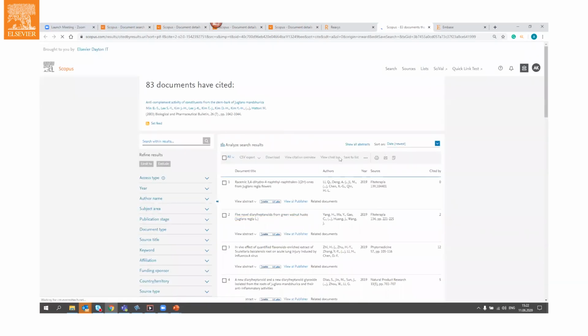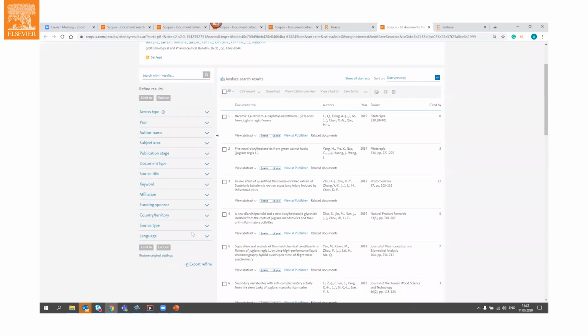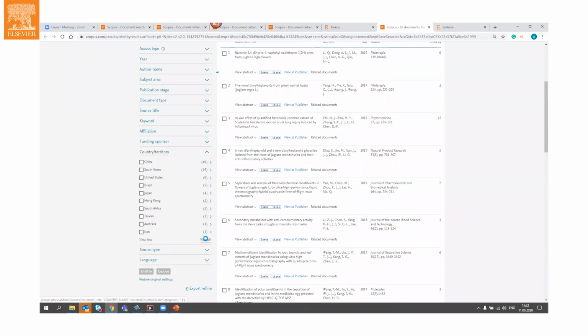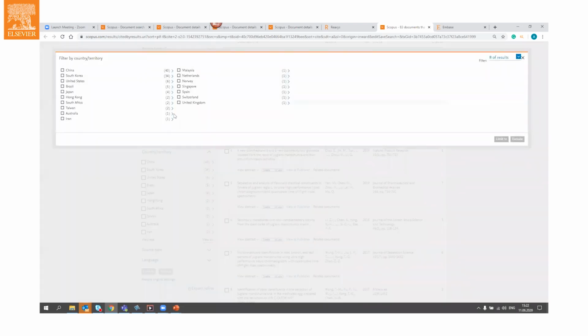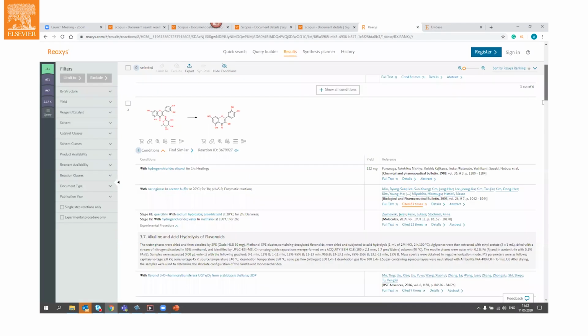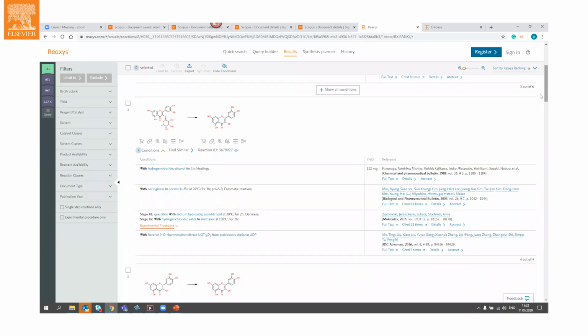So here it is, it's Scopus. So you can, for example, find who is citing this article from Egypt or from any country. Let's see if there is any Egyptian here. No. Okay, so you can be the first who carries out this reaction from Egypt.